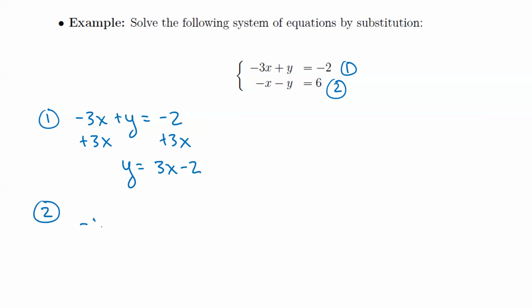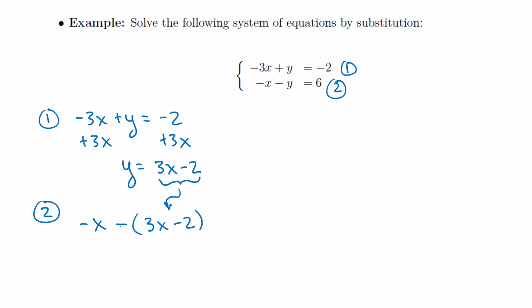And then equation number 2 would be negative x minus, all right, now this is really important here, it's minus y, but the y now is, we're saying, equal to 3x minus 2, so there are multiple terms. So it's vital that you put parentheses around the 3x minus 2.